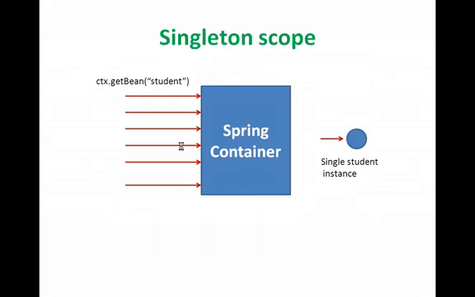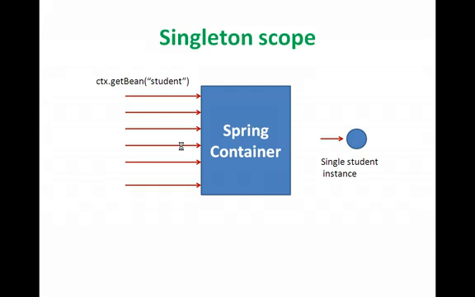Coming to the singleton scope, this is the default scope defined in the Spring framework. So when you don't define any scope, Spring automatically considers it to be a singleton scope.